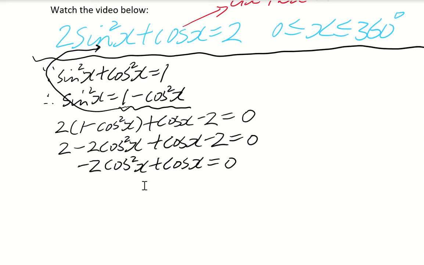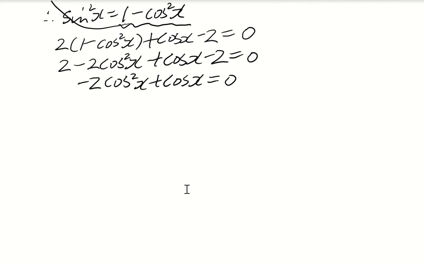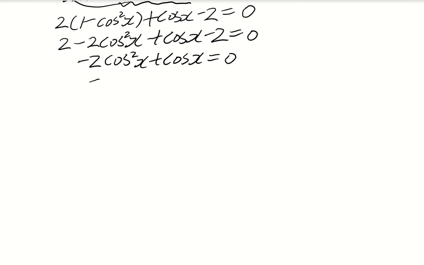Now, usually we want the coefficient in front of the square term to be positive. Therefore, I'm going to multiply by minus 1 every single term. In other words, minus becomes positive and positive becomes negative. So I will have 2 cos squared x minus cos x equals 0.